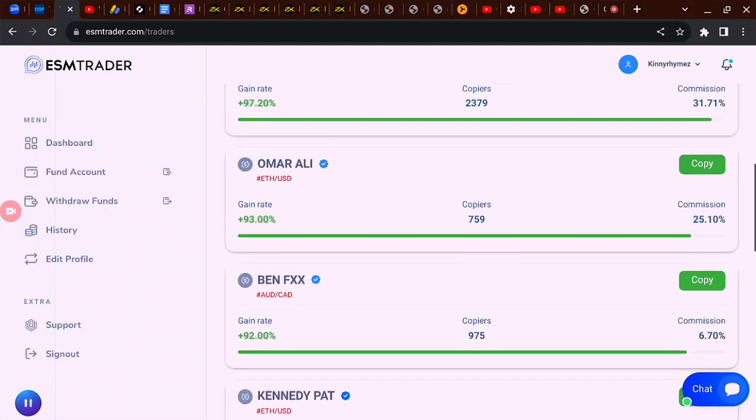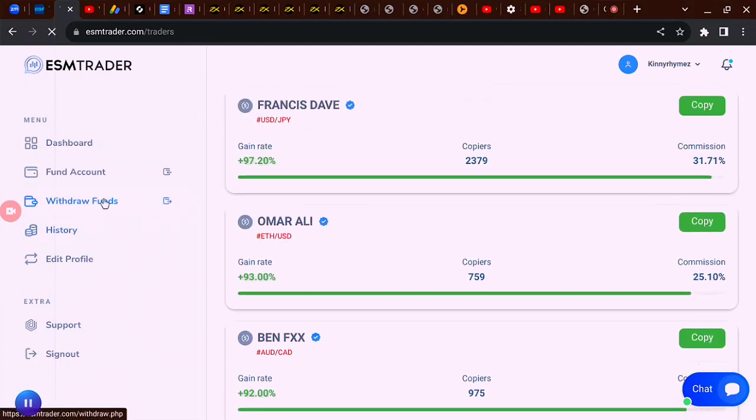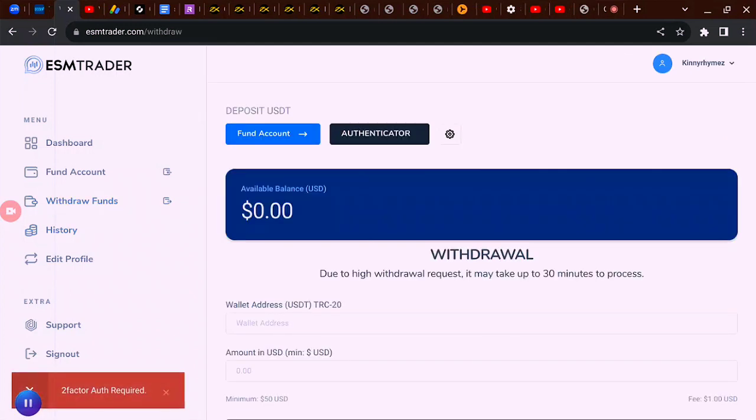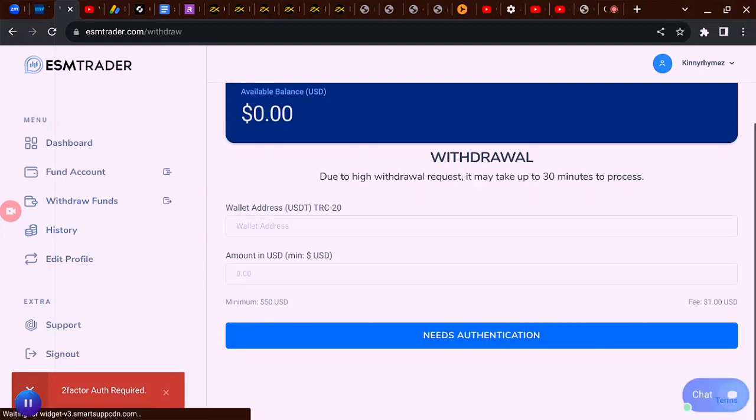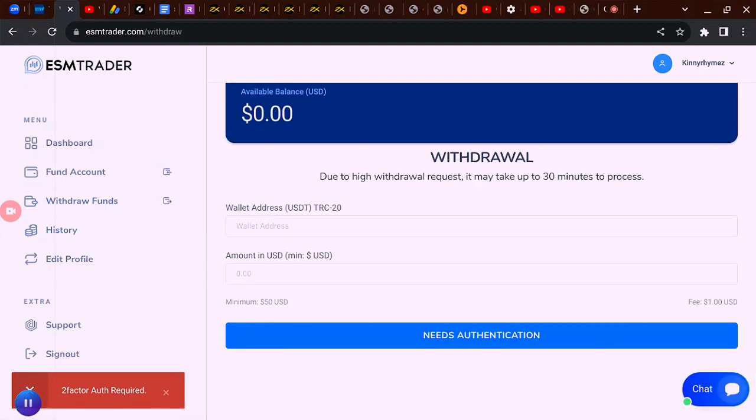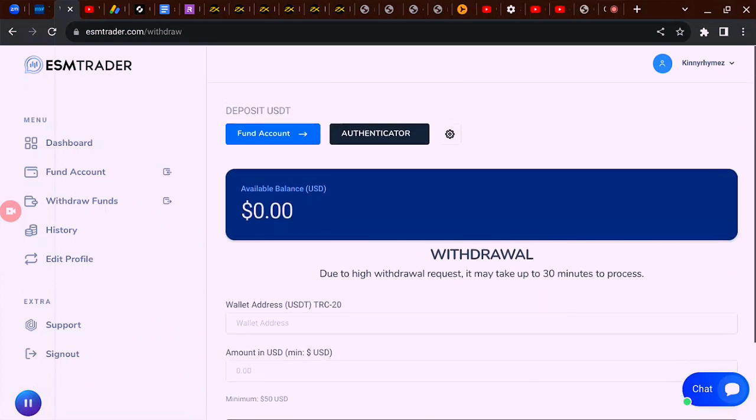After that, you come to withdraw funds, and you can withdraw your money to your accounts, let's say your Exchange account or Binance account. The fee they will charge you is 1 USD. This account is mainly for people who find it difficult to trade and have the capability of investing.